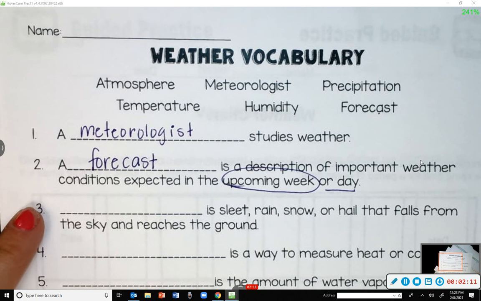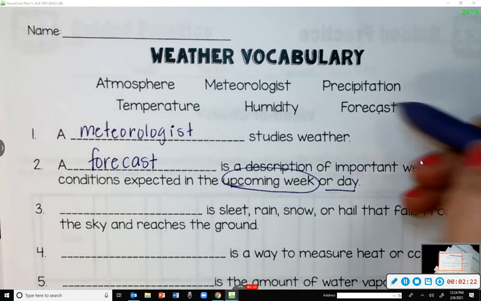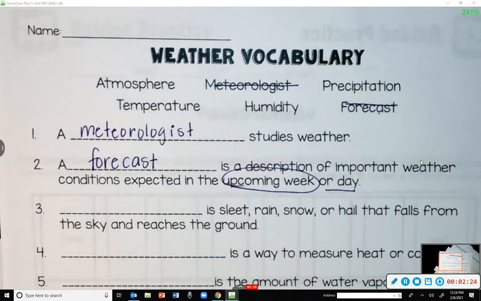Okay, the next one, blank is sleet, rain, snow, or hail that falls from the sky and reaches the ground. Okay, we've used these two. When you have rain, another word for that is what? Anybody know? Kelsey?